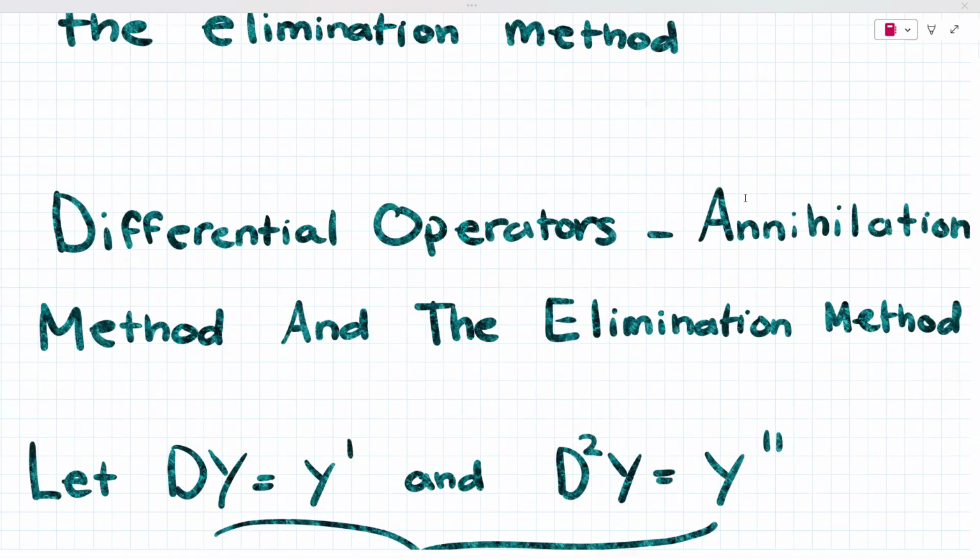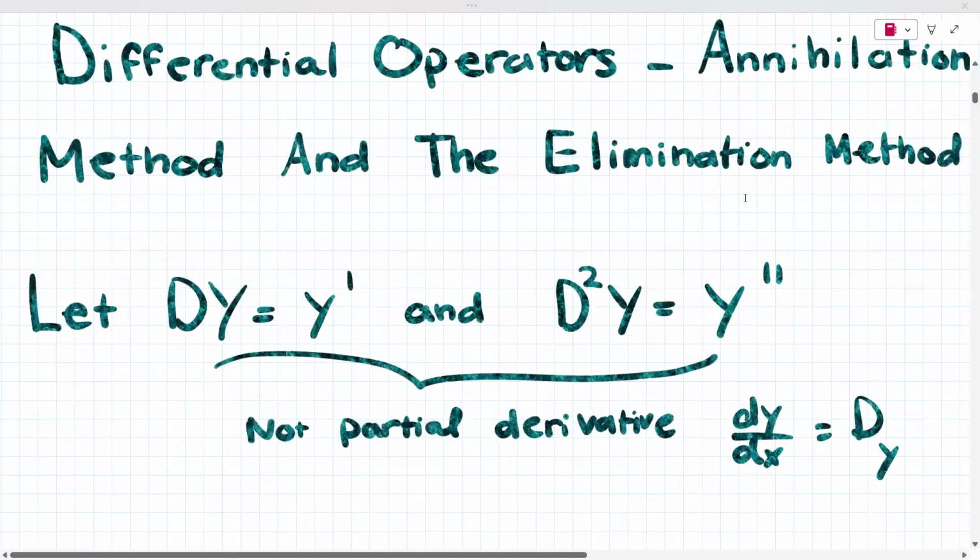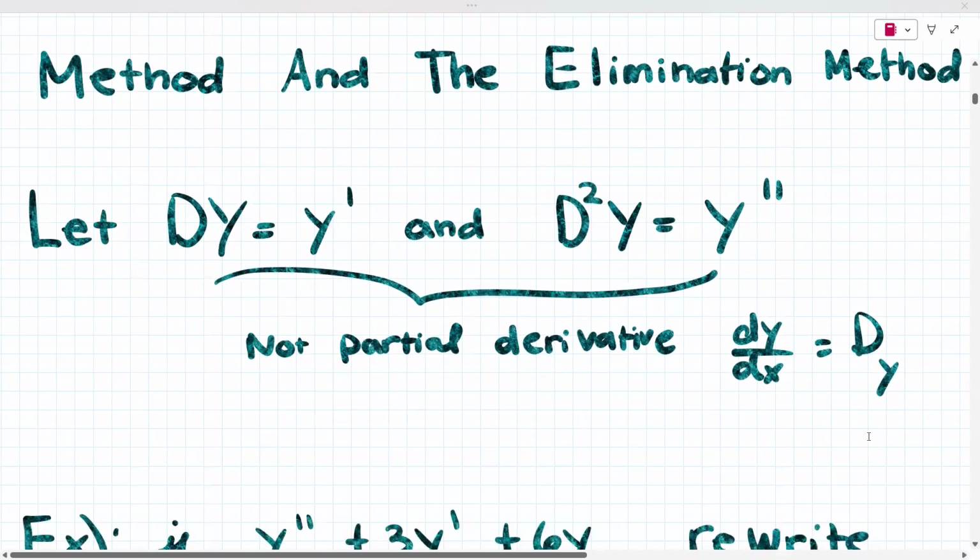We've done this before. We substitute dy with y prime. So what we're doing is basically replacing y prime with dy, and we're replacing y double prime with d square y, right? We've done this before. So dy over dx, this is not a partial derivative.